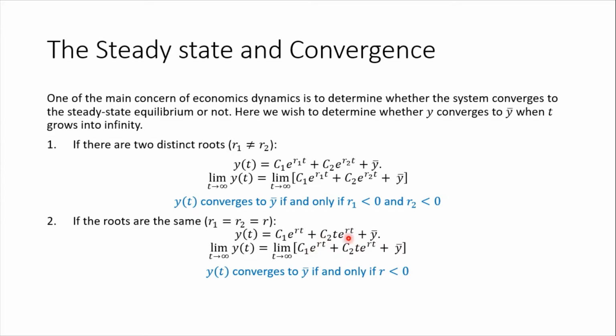So when will this be 0? Of course, when r is less than 0. When r is negative, this will approach 0, and when r is negative, this will approach 0 also. Okay, so these are the two properties for when the solution will converge to the steady state value.